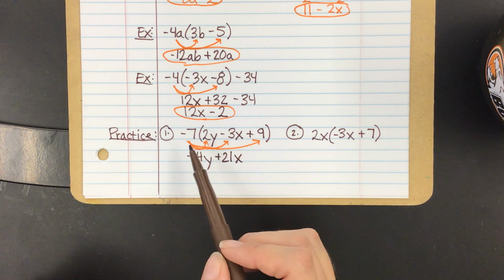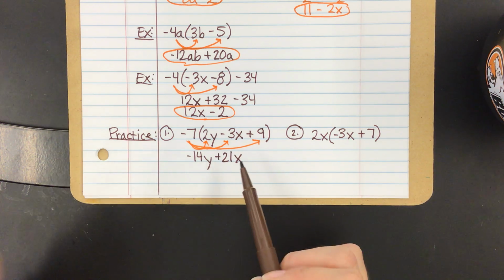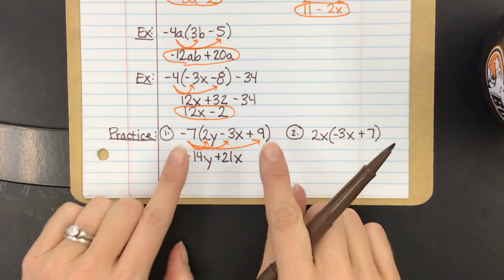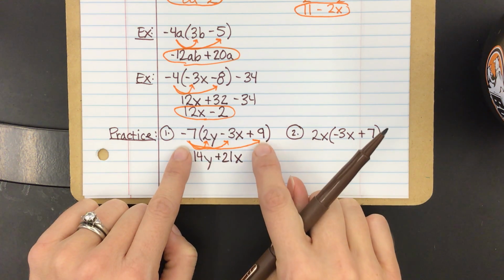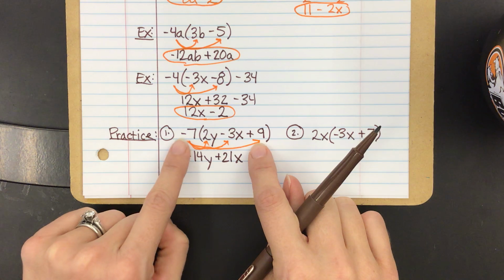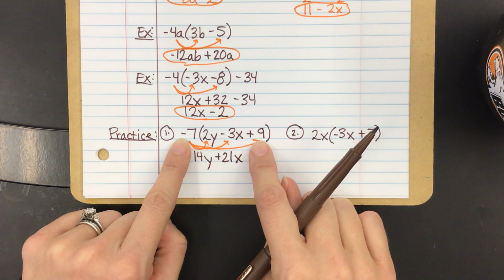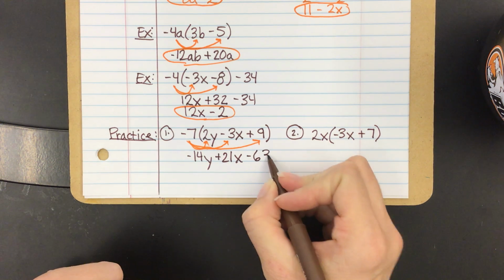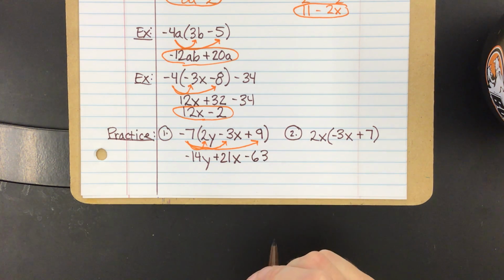I mean, you could have done minus a -21. Same thing though. Now you need to do one last term here because there's 3 terms inside these parentheses. So it's going to be -7 times 9, which is -63.